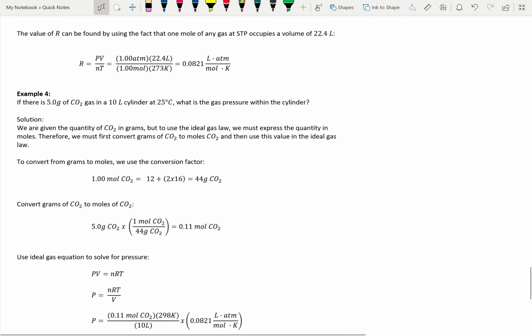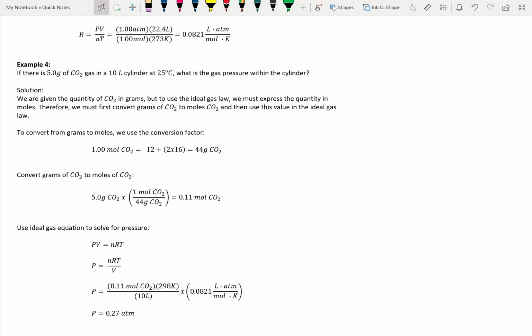Our next example says: if there is 5 grams of carbon dioxide gas in a 10-liter cylinder at 25 degrees Celsius, what is the gas pressure within the cylinder? We are given the quantity of carbon dioxide in grams, 5 grams. But to use the ideal gas law, we must express the quantity in moles.